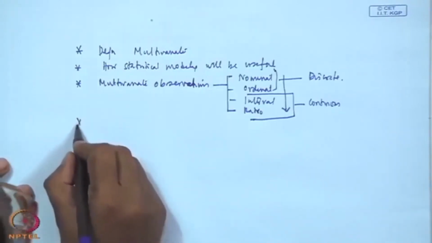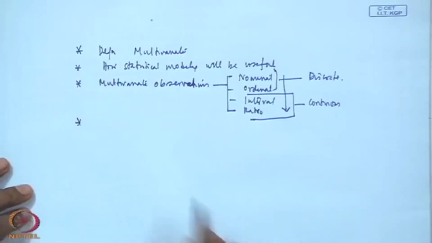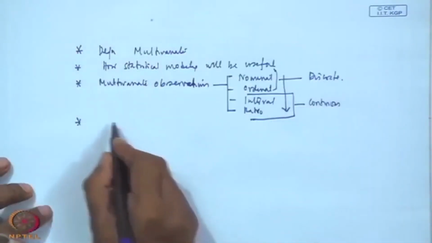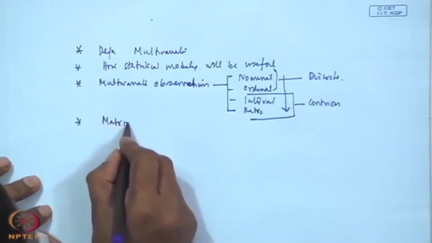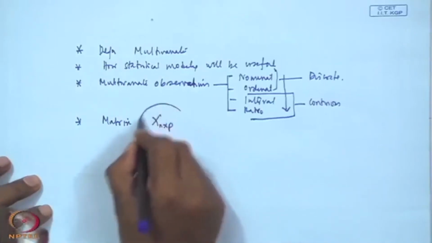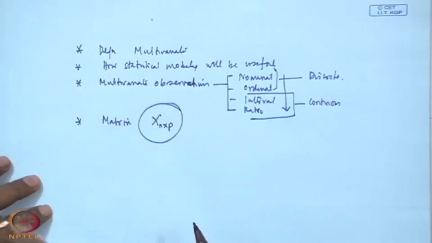Okay. Then I showed you that multivariate analysis means you have to work in the domain of matrices, because X, n cross p, is our multivariate observation.